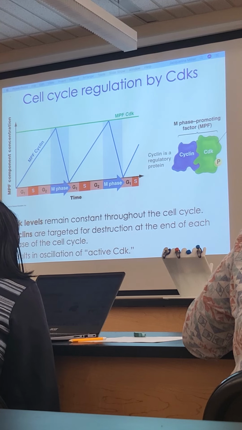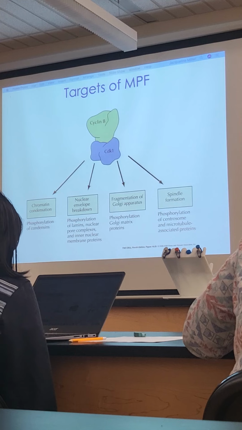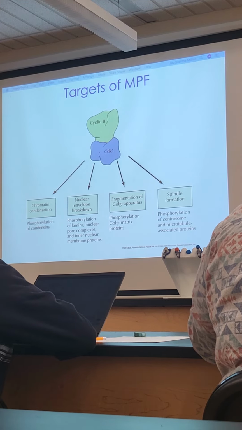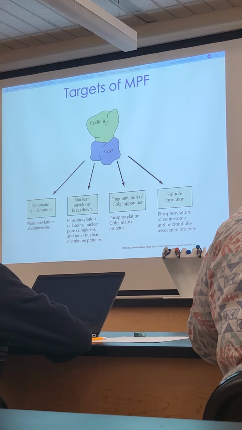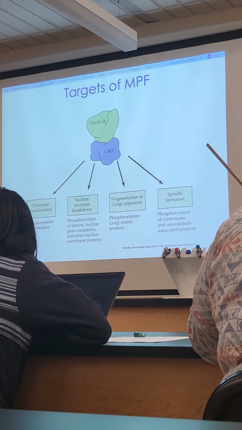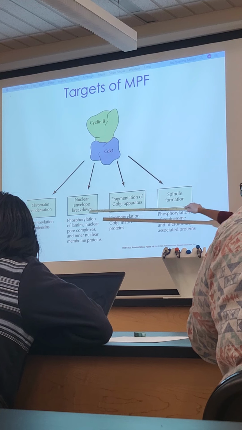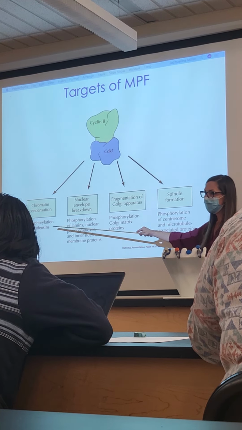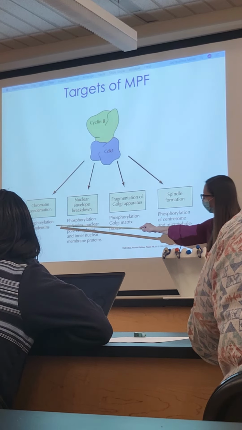Okay, so I know there's about 2 minutes left. Let me just talk about how it does that. If it's a kinase, what do you think it is going to do? What do kinases do? They add phosphates to things, so it's going to phosphorylate different targets. Just to give you some examples for MPF, to get things to go into mitosis, these are some of the things that get phosphorylated. The condensins, that causes the chromosomes to start condensing once you phosphorylate them.